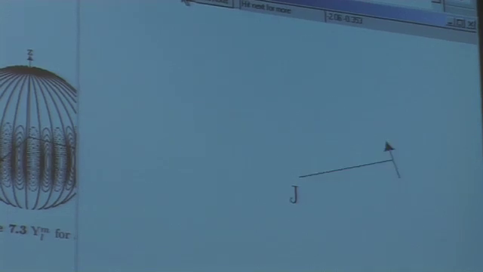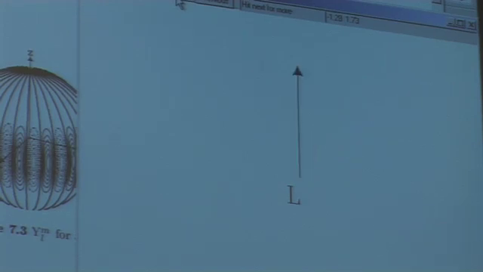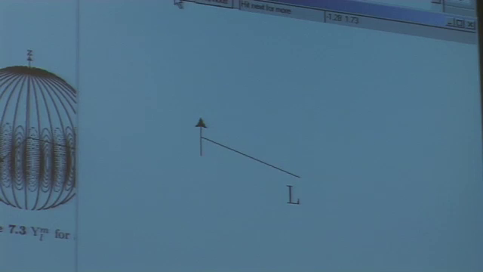We're just translating it, moving it round a circle, but we're not doing anything to its internal structure. So if it has a little arrow, an orientation, as for example the direction of its spin, that's not going to change its direction. It'll just be carried round.